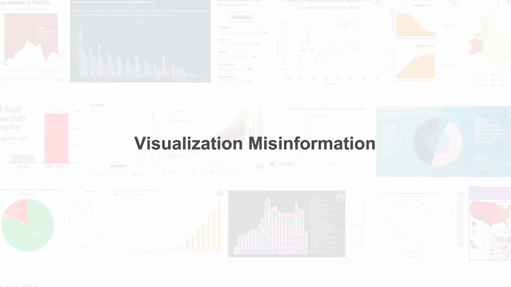When charts are sending misleading messages, this is something called visualization misinformation, and this does happen in the real world. And some of these are specifically designed to go against our assumptions.